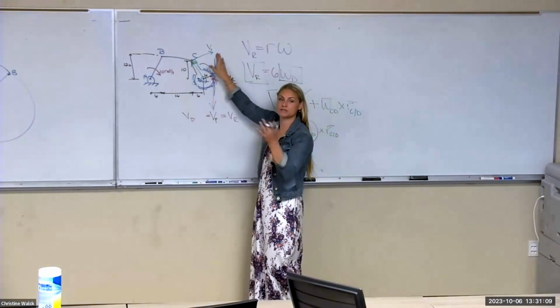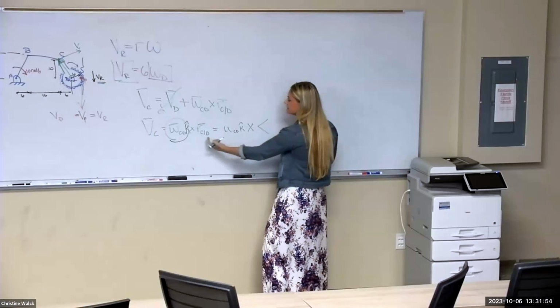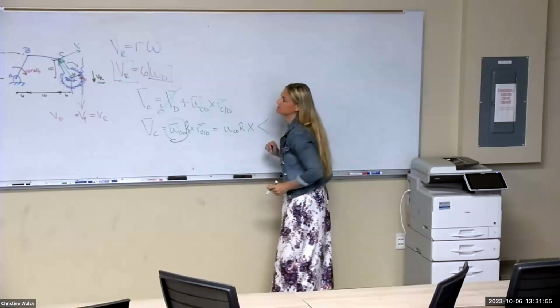I'm using XY coordinates right now because I'm given XY coordinates, so we are in Cartesian right now, which is why I said K. If I was in polar, it could be E sub Z, but I'm in Cartesian, so let's use K. Let's write this all the way out. We have omega CD with a unit vector K cross my RC with respect to D.